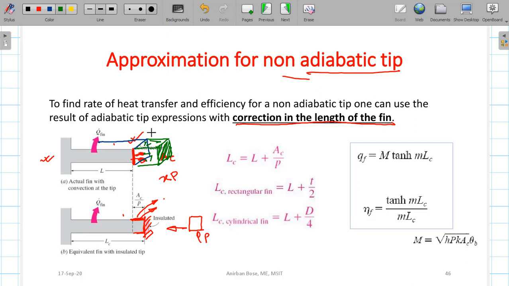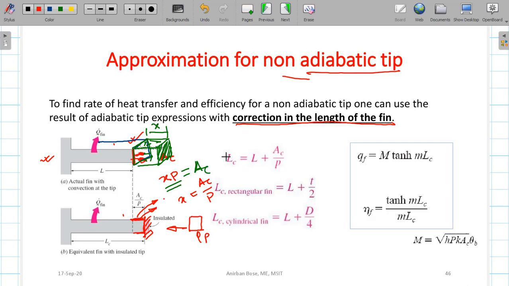That area is nothing but, if you increase the length by x, that x multiplied by the perimeter P. So x into P is the area through which the convection will take place. But in the actual situation, it is the area AC through which, from the tip, the convection was taking place. So this x into P will be equal to AC. That means the amount that you have to correct is nothing but AC divided by P.